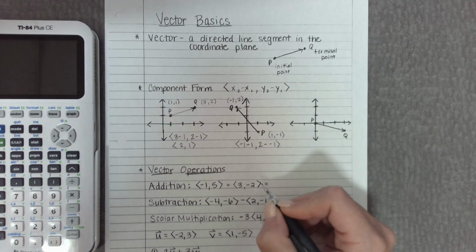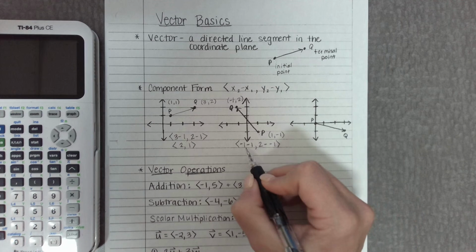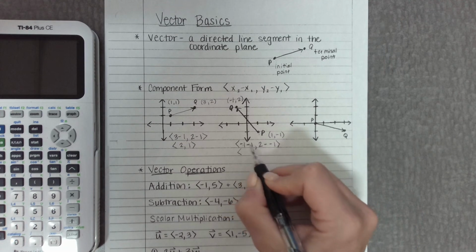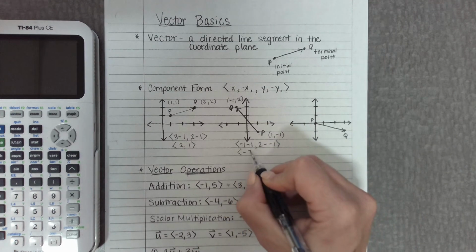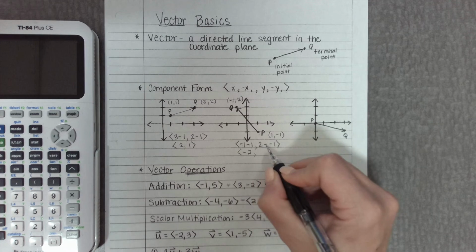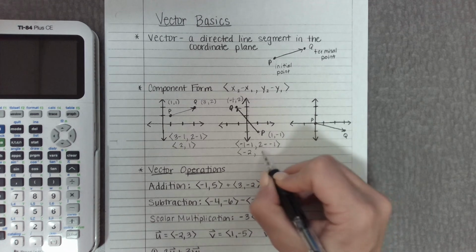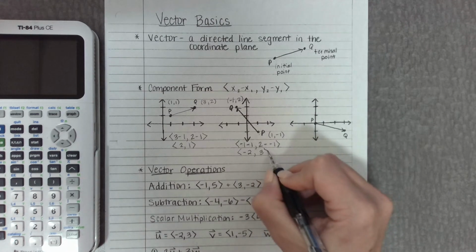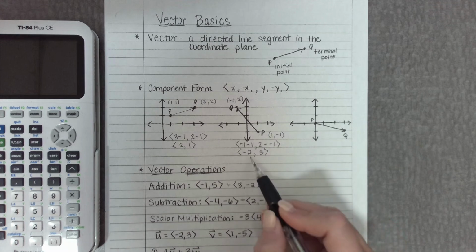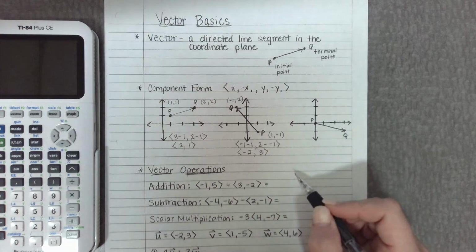So you want to watch your double negatives there. All right, so for our x's, negative 1 minus 1 would give us negative 2, and 2 minus negative 1, double negative, so we're really adding, would give us 3. So this is the vector negative 2, 3.